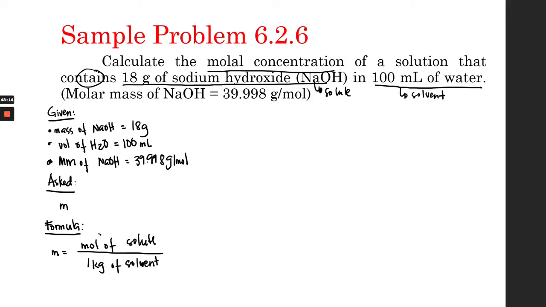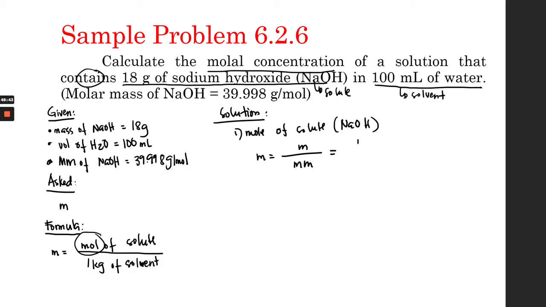First we have to get moles, because as you can see they gave us the mass of our solute and the molecular mass, but not the moles. So what we have to do first is to get the moles of the solute. And we know that the equation for the moles of solute is basically the mass of the solute, or the substance, divided by the molecular mass.